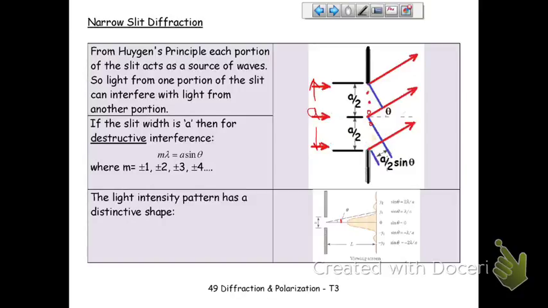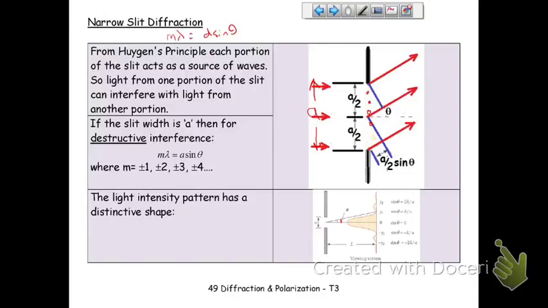If the slit width is a, for destructive interference, m lambda equals a sine theta. It looks like m lambda equals d sine theta. They look identical, but this is when m is 1, we're getting a minimum.